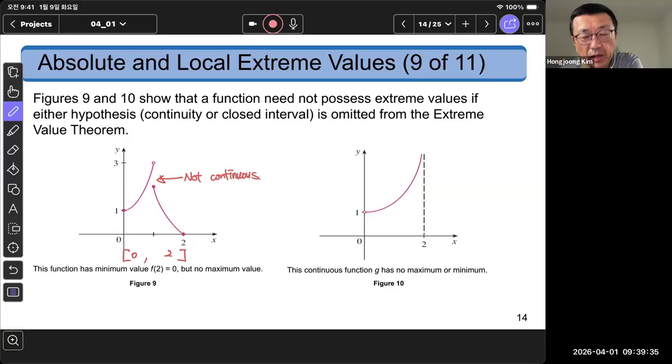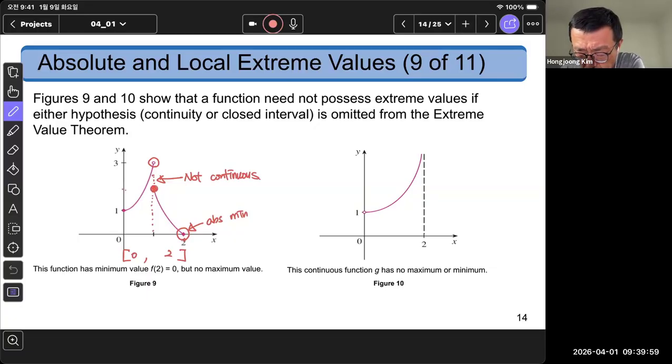In this figure 9, absolute minimum exists, but there is no absolute maximum, because as you can see at this point, the value at 1 is this one.